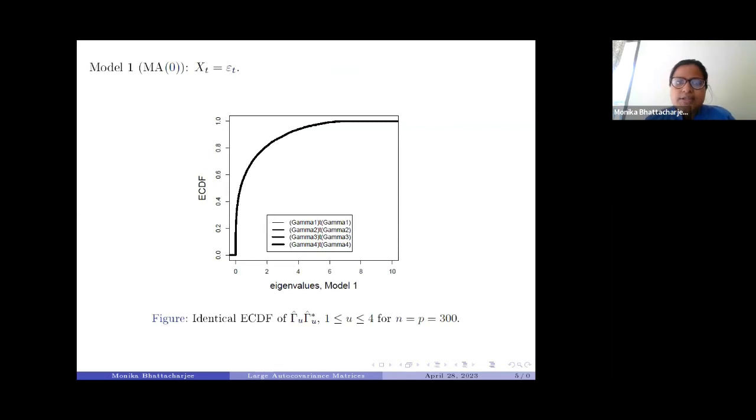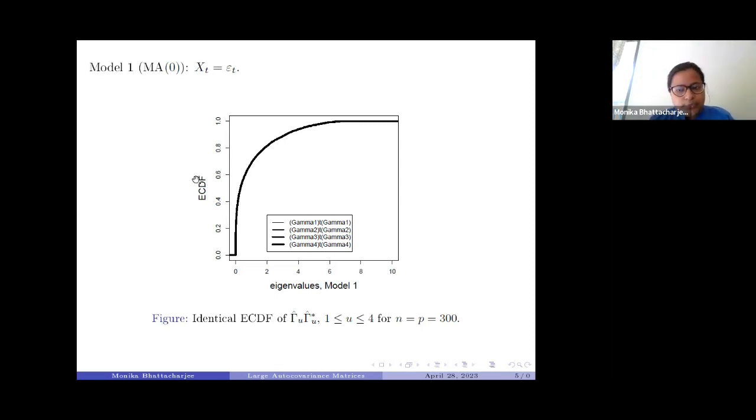Okay. So next I will show some figures and we'll discuss some statistical applications. Here you can see a moving average process X_t equal to epsilon_t, and we compute the symmetric product of sample autocovariance matrices. You already saw the definition of gamma hat u, and we can find gamma hat u transpose and take the product. So this is the symmetric product of sample autocovariance matrices. CDF means cumulative distribution function.